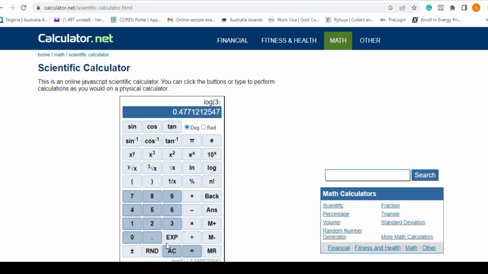If we go back to our calculator, log of 8 will give us 0.9030. We'll write that out, and then the next thing is we'll look for log of 5. Log of 5 is going to give us 0.6989, and then we'll write that out.